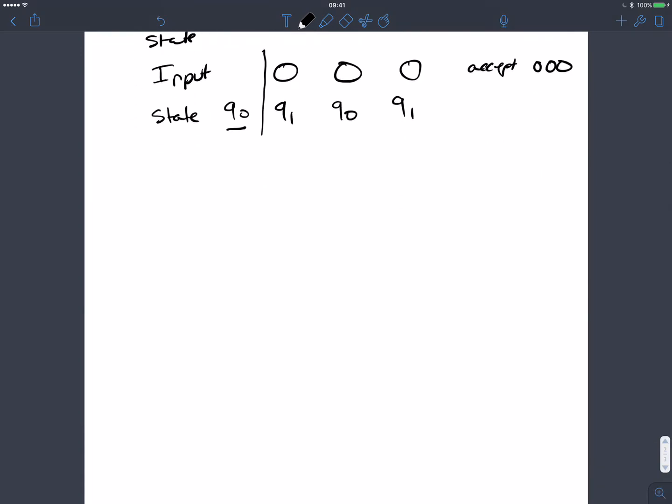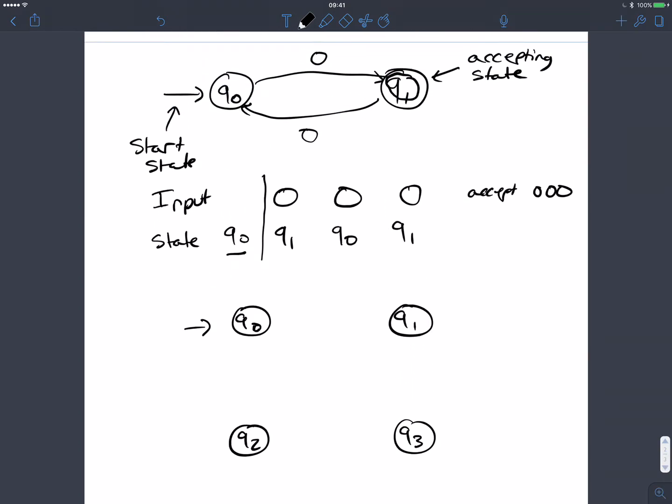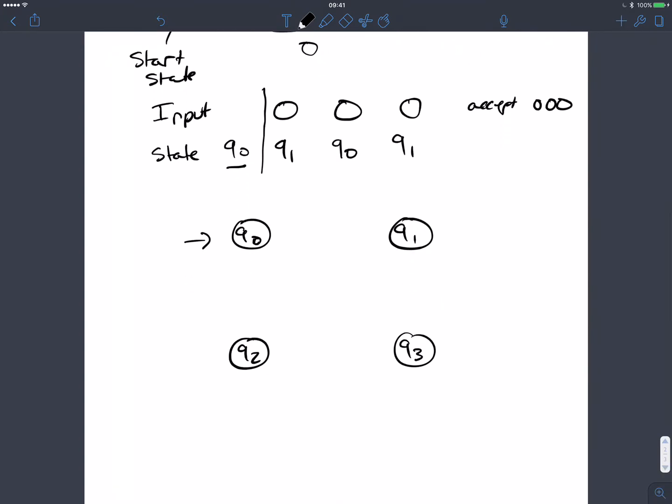Okay, so let's make it a little bit more demanding. We're going to have 4 states this time, Q0 through Q3. And we're going to have 2 possible characters on the input now, either a 0 or a 1. Whereas before, we only had 1 possible character on the input, which was 0. Here, we're going to have a possibility of 2 characters.